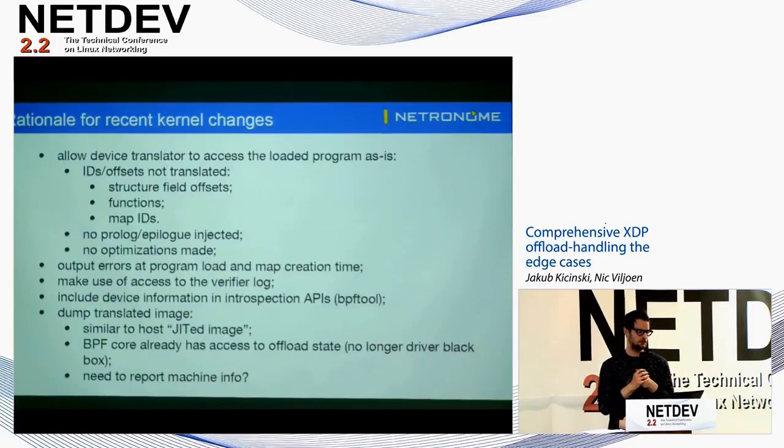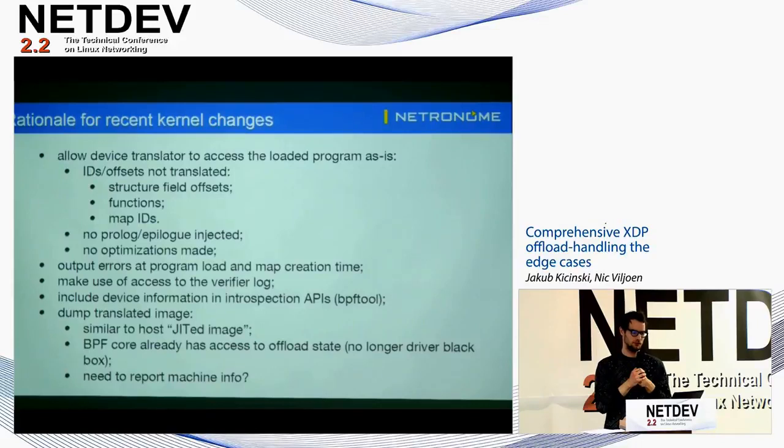So, to go again through the challenges and why we changed the model in more detail. The first item is the modifications that are performed by the verifier. It changes the field offsets from the ones that are exposed to user space to the actual kernel structure offsets, and that's slightly easy to reverse, although not entirely clean as far as the implementation goes.